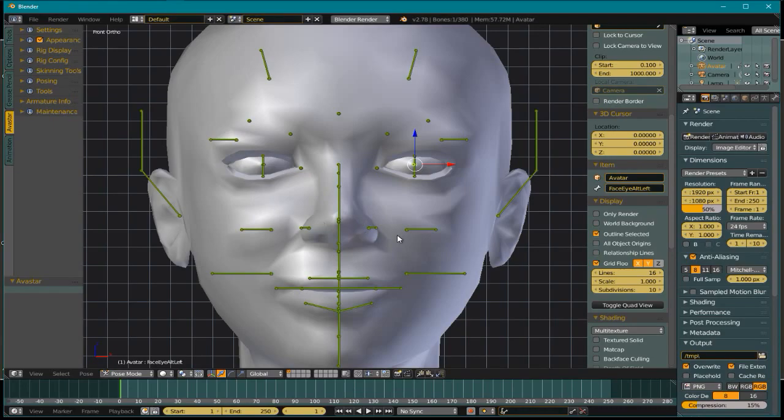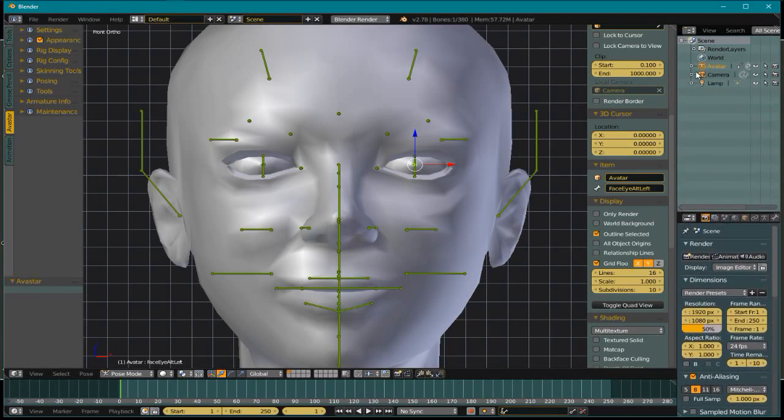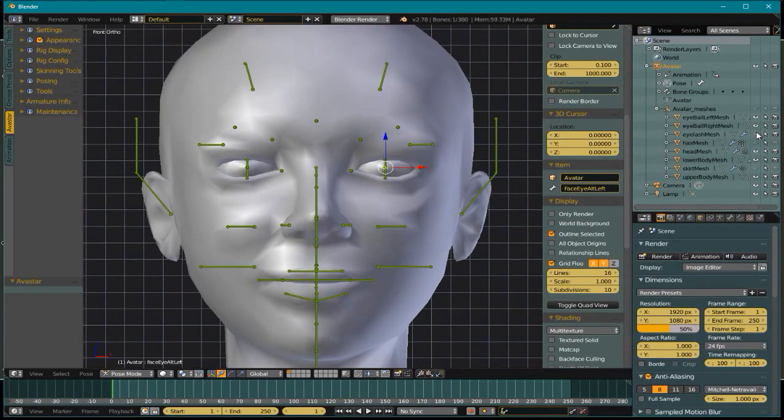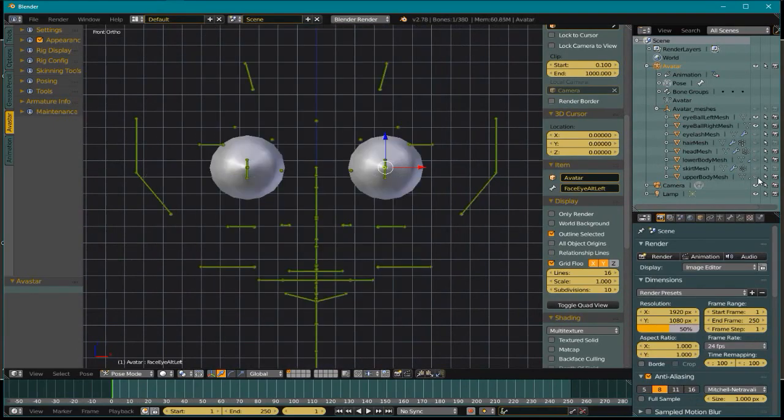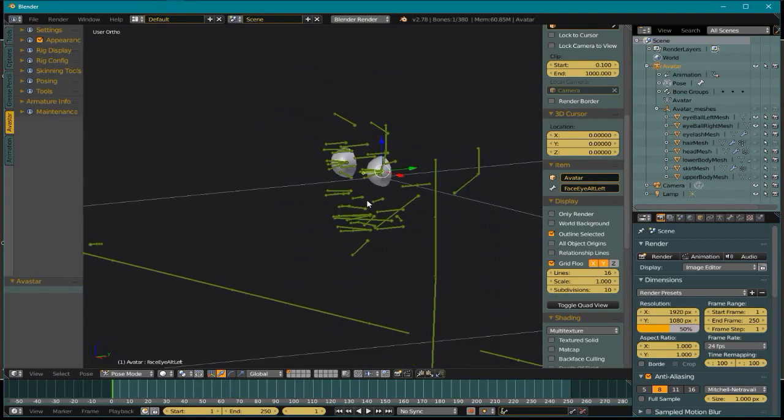And personally, what I would tend to do if I were making a bento head, I would leave the Second Life eyes and I would get rid of everything else, and I would model from here.